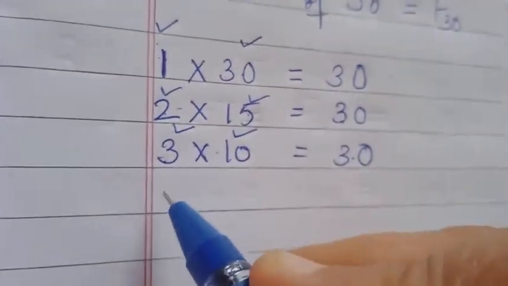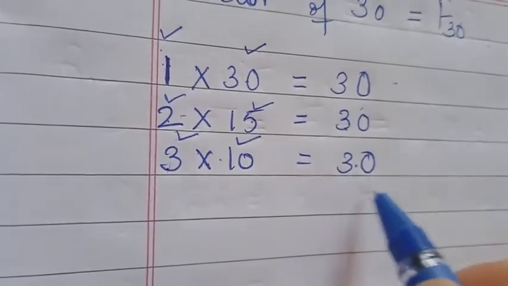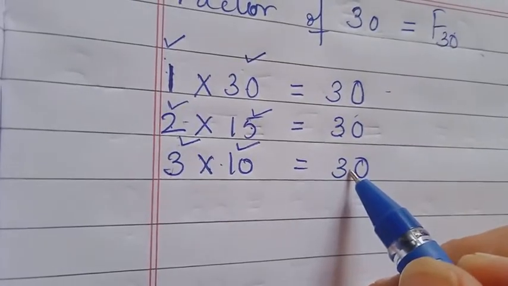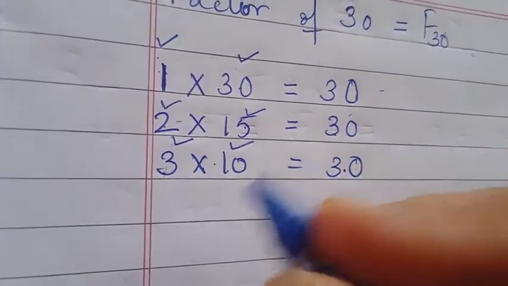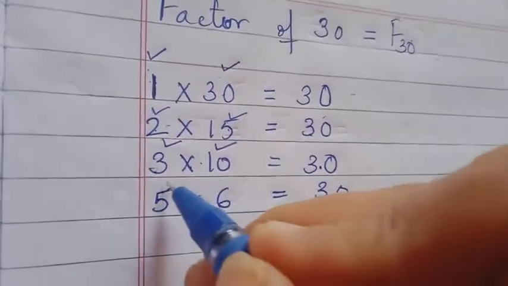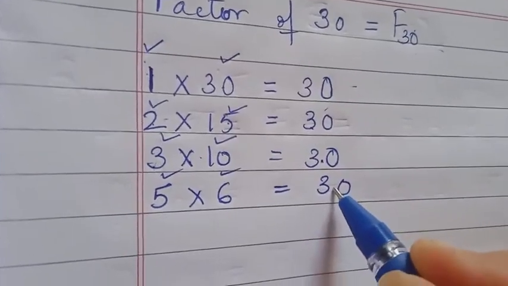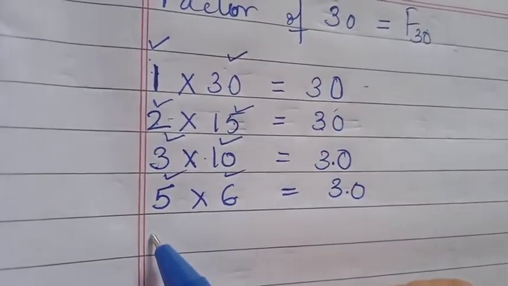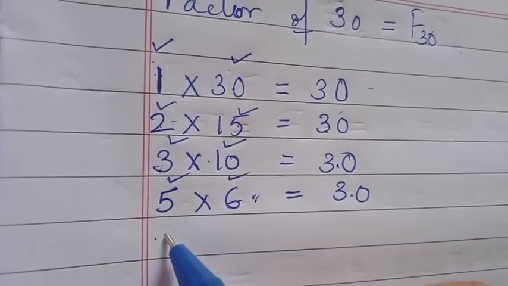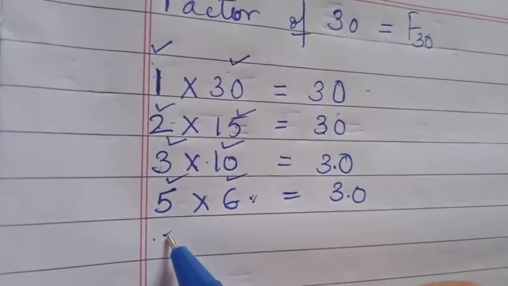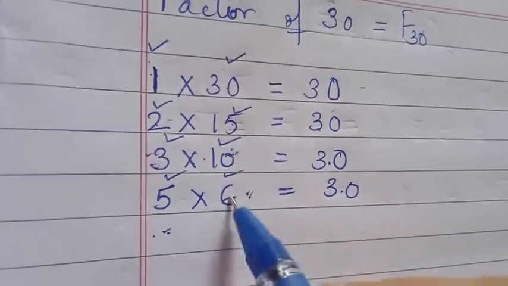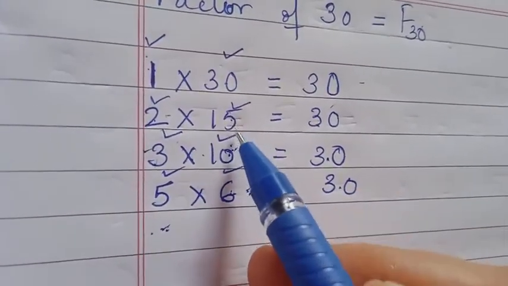Now 4. Is 30 divisible by 4? Check. No. 4 8s are 32, 4 7s are 28, so no chance. 5: yes, 5 6s are 30, so 5 and 6 are factors of 30. Then 6 is over, 7 no chance, 8 and 9 don't work. 10 comes, but 10 is already here: 10 3s are 30, so I can't take it again.